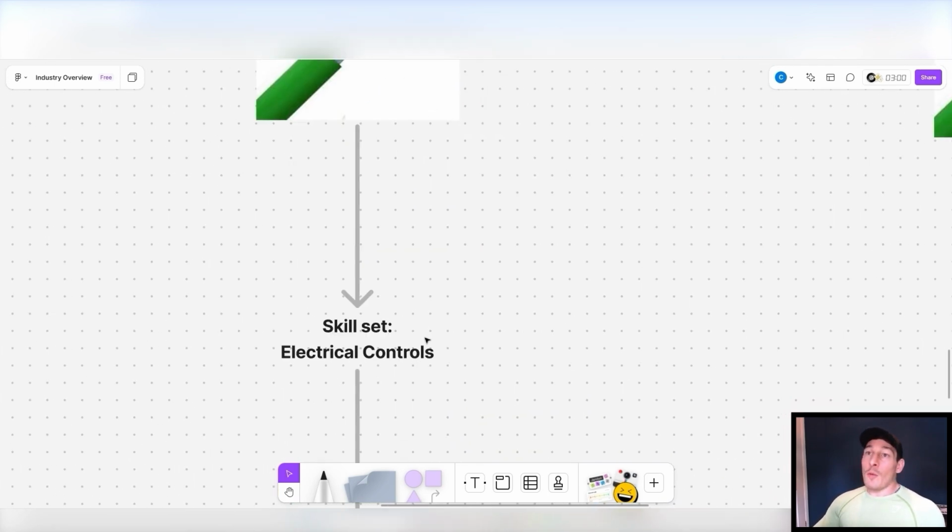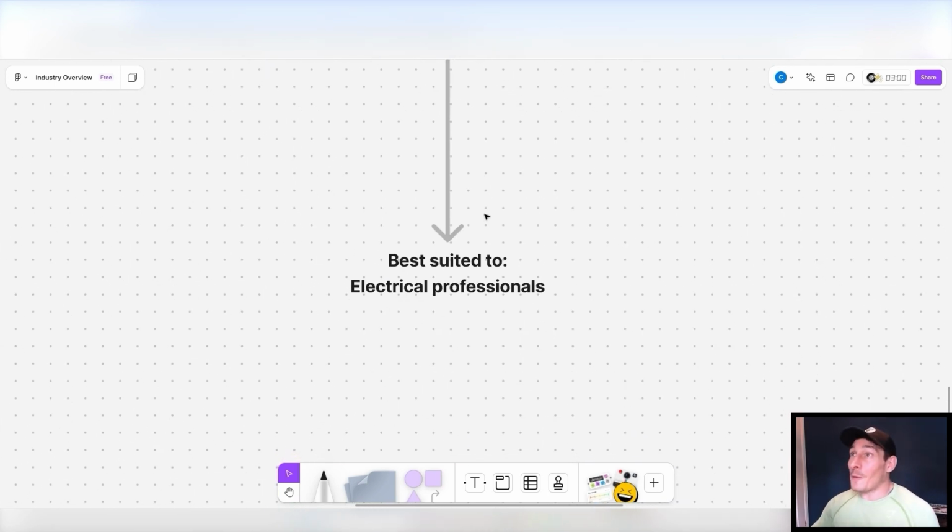So, going into a control panel, although it might seem very daunting because they've not really had the time to go through it and understand it, what you'll realize is a lot of the principles are exactly the same. So that's who the BMS controls industry is best suited to. That's why you see a lot of electrical professionals moving into this industry, like electricians upskilling and becoming BMS engineers.